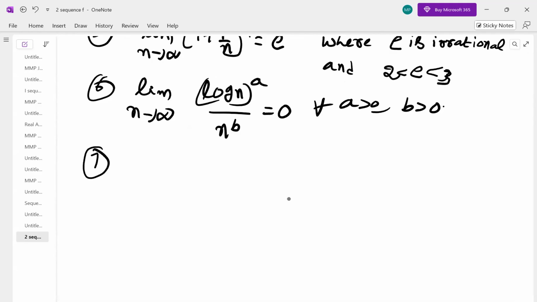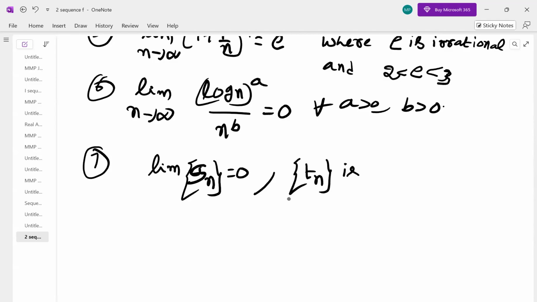whenever you have limit of some sequence, suppose a power n or Sn is 0, and another sequence Tn is bounded. Bounded means modulus upper bound exists as well as lower bound exists.